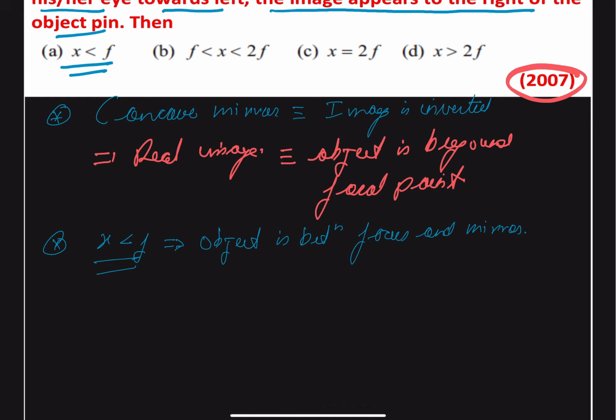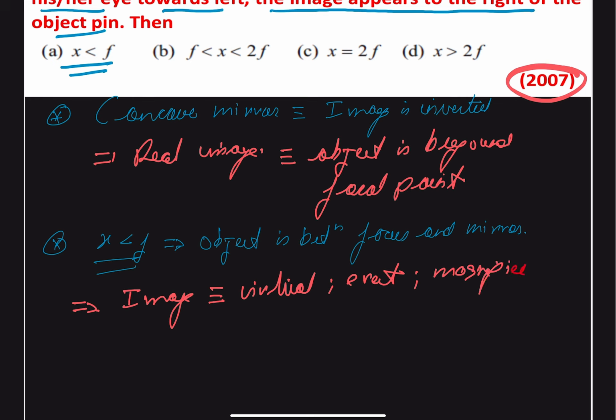So in this condition the image will be virtual, erect, magnified, and formed behind the mirror.